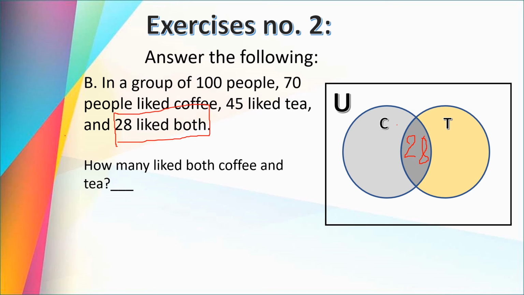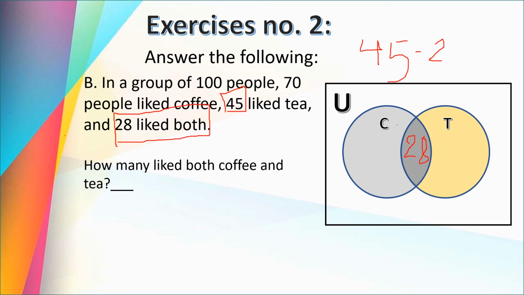Then, based dito, sabi 45 like tea. So, since may 28 na tayo at si 28 ay still part ng ating set P, what we are going to do? We're going to subtract 45 subtracted by what? By 28. Very good.